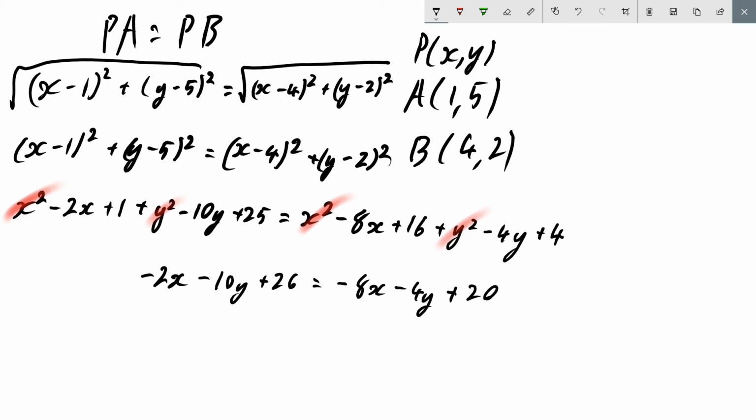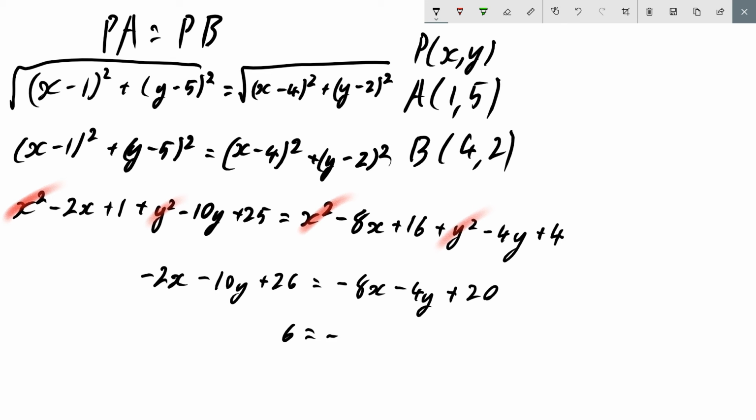plus 20. So now how you actually get your result really depends on what the question is asking for, because there's technically 3 different answers for this one question. So let's show one way. We'll subtract 20 over here, so we get 6, and then we'll add all of these across.